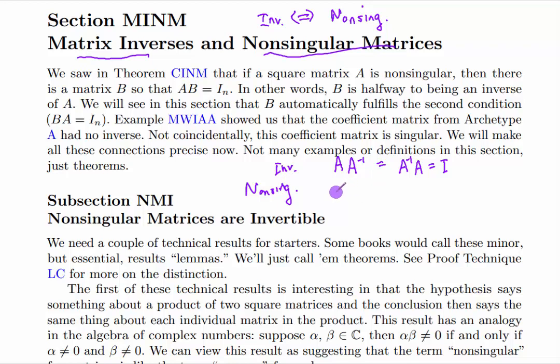Non-singular means that the equation AX is equal to 0 has only the trivial solution, X equals 0. All right? So we're going to say that if a matrix has an inverse, then it has only the trivial solution. And if the matrix has only the trivial solution for this linear system, then the matrix A has an inverse.